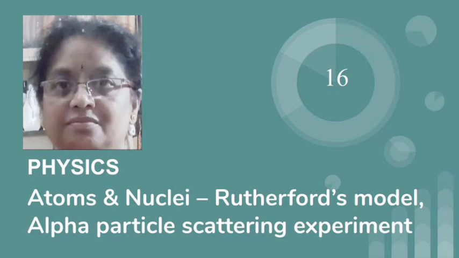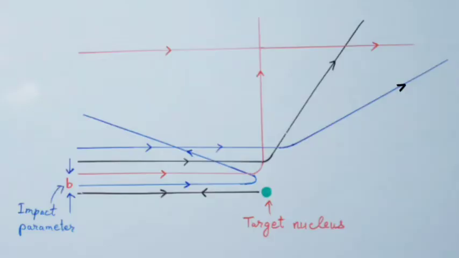The conclusion derived from the observations is that the scattering of an alpha particle depends on its distance from the nucleus of the atom, which you can see in the diagram, called the impact parameter b of collision. This impact parameter is the perpendicular distance of the direction of the initial velocity of the alpha particle from the center of the nucleus.